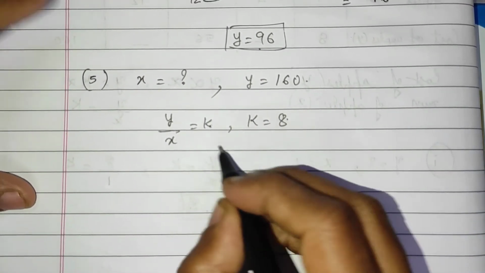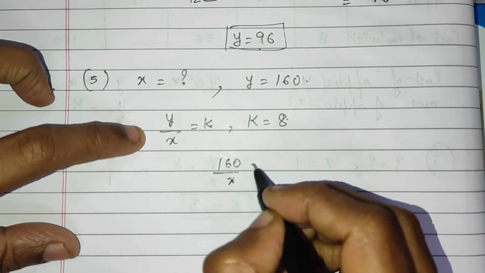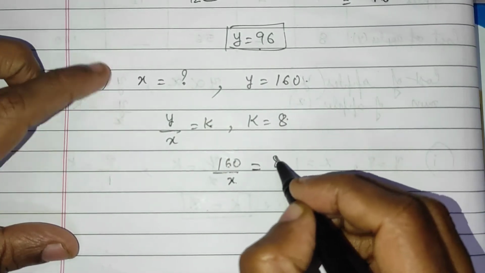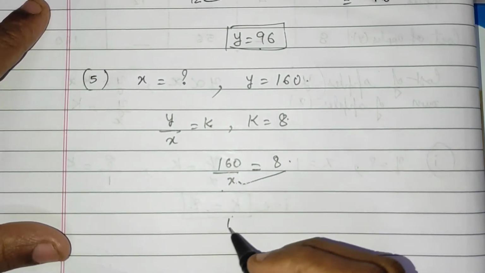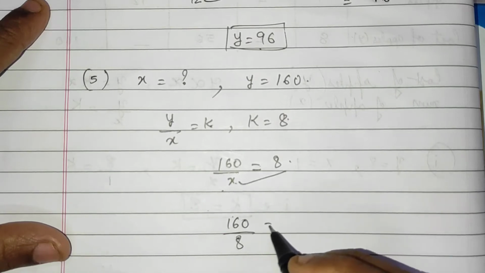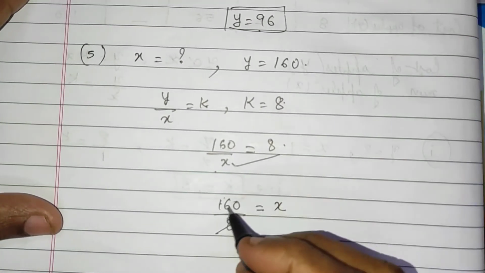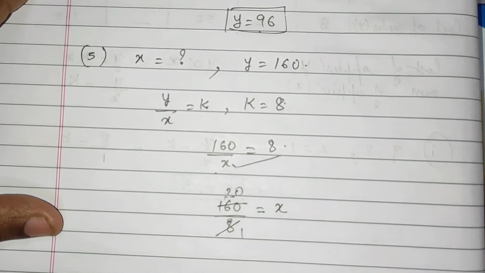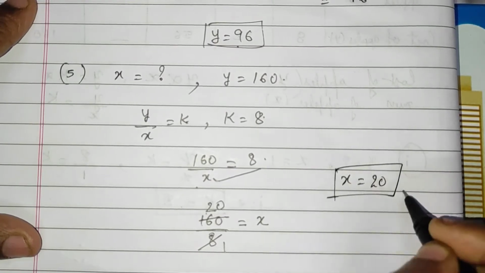Then y we have 160, x we do not have, and k we have 8. So x will go there, 8 will come here. 160 upon 8 is equal to x. 8 ones are 8, 8 twos are 16 and 0. So x equals 20.